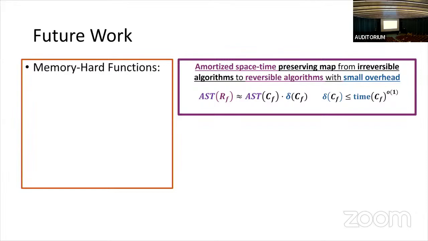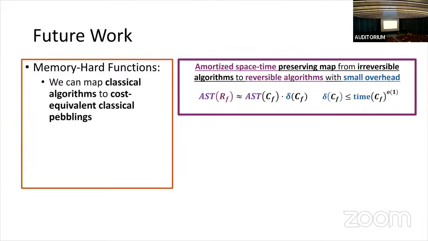So what's next? I think one of the more exciting future works is on memory hard functions. Classically, there's this nice result that says that we can always map a classical evaluation strategy to a cost equivalent pebbling.